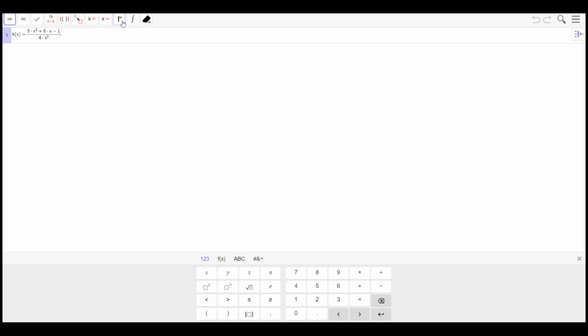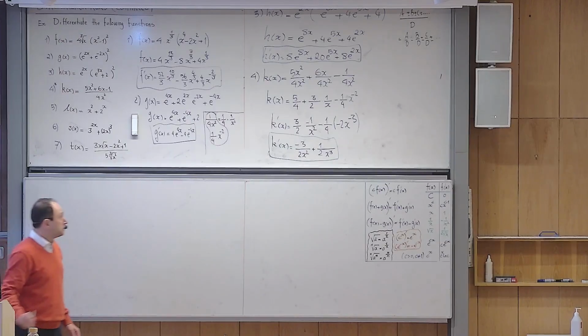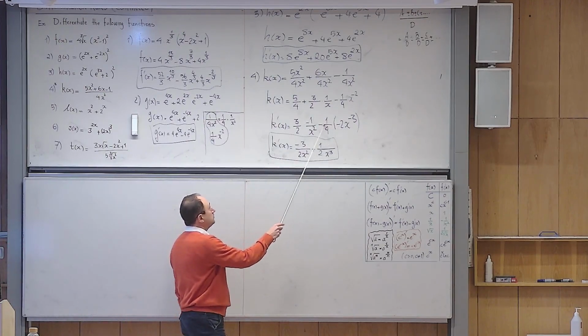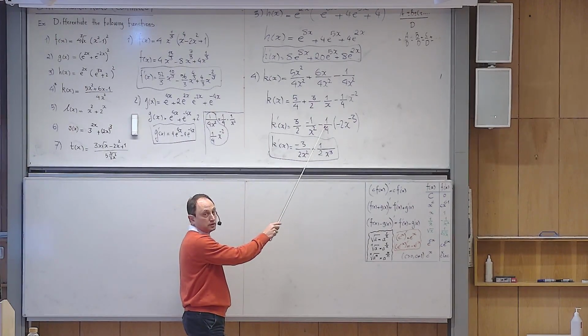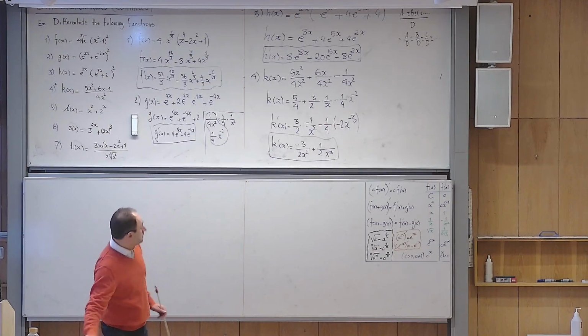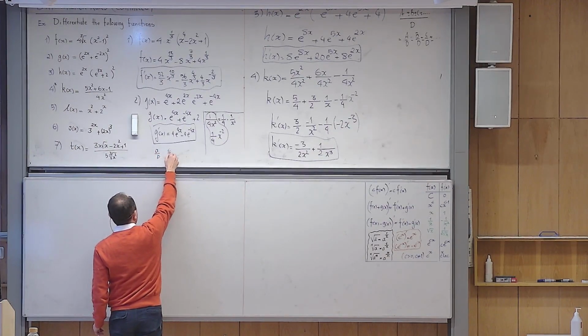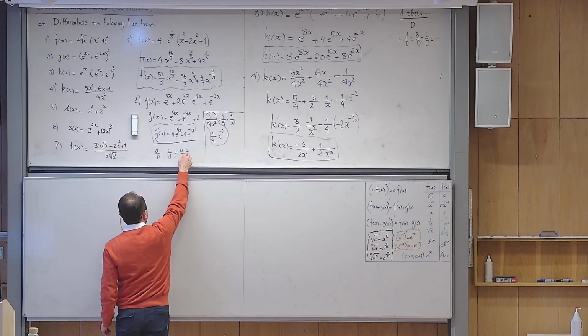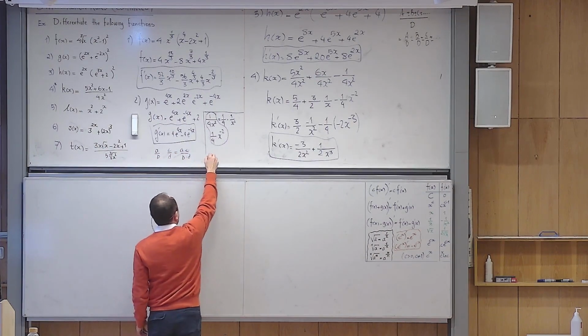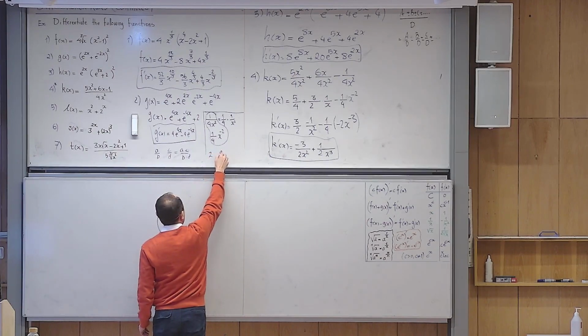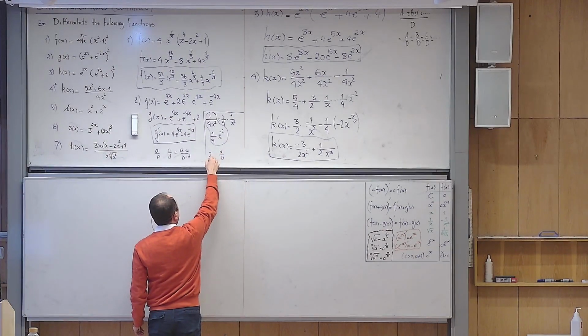Do you have questions? Yes? Or the answer shouldn't be 1 over 8x to the 3. No, because I see this minus 2 will be multiplied by minus a half. So minus 2 goes to the numerator. Yes, so make sure that you don't mess these things up. You know, a over b times c over d is a times c over b times d. Yes, so when I write 2 times a over b, 2 means 2 over 1.